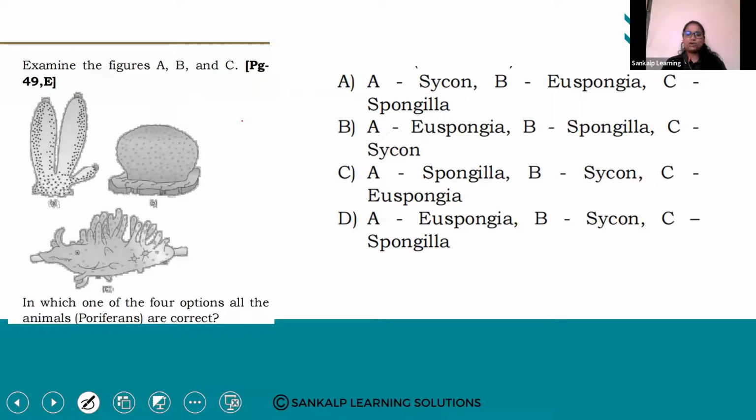A is Scypha, B is Euspongia, C is Spongilla. So the right answer is option A.